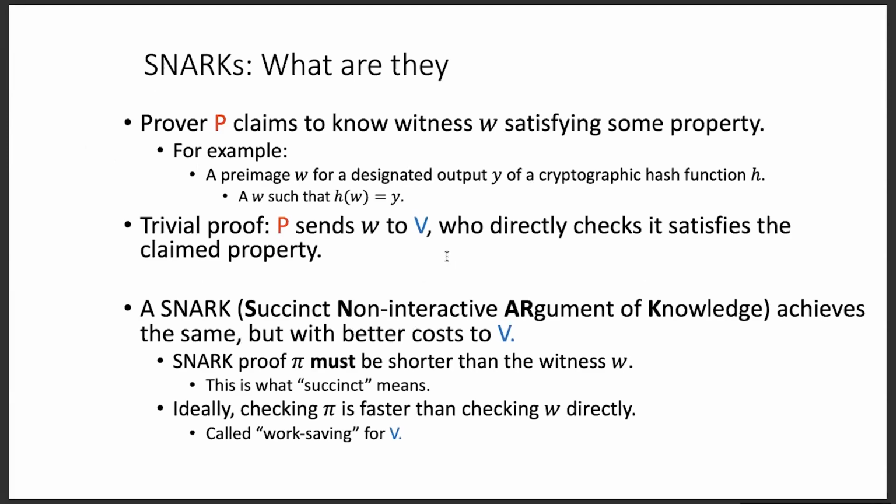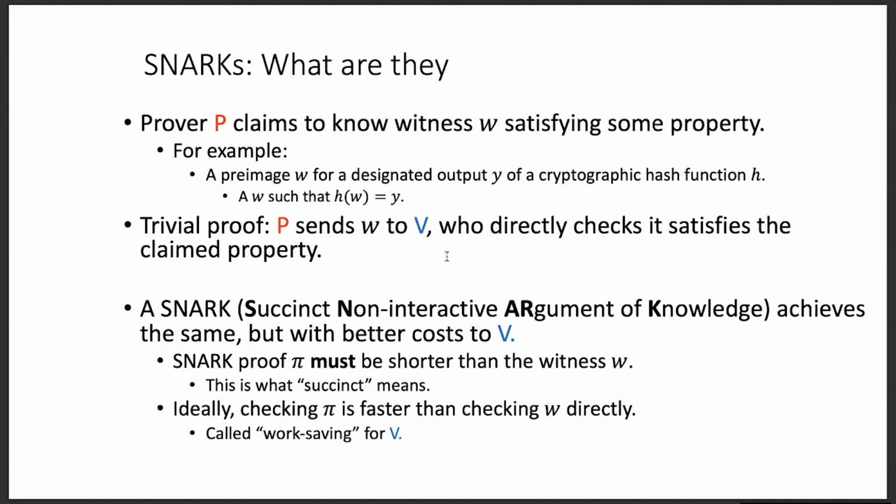Okay, so here's the abbreviated recap. Let me remind you, what is a SNARK? The prover claims to know some witness satisfying some property. As a concrete example, the prover and verifier might have agreed on some cryptographic hash function and some output y of that hash function, and the prover claims to know a preimage w of that hash function output.